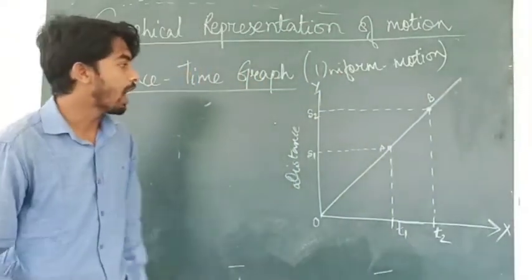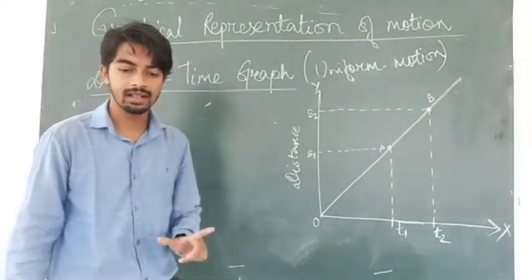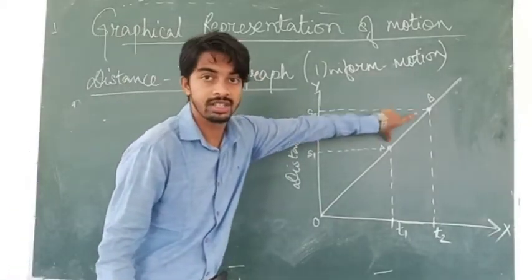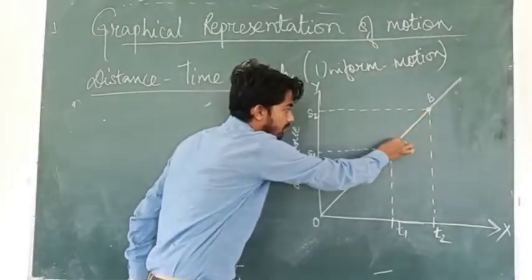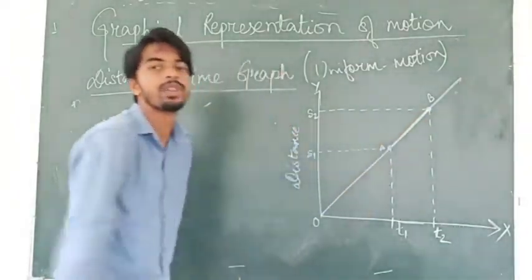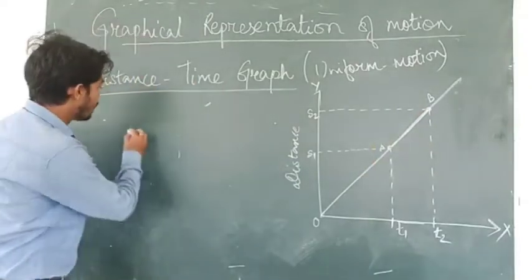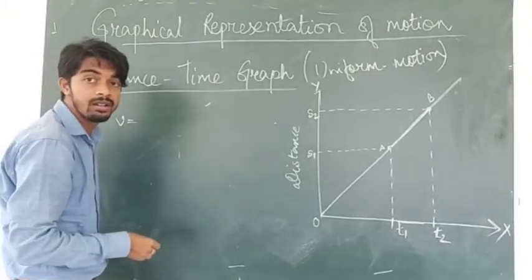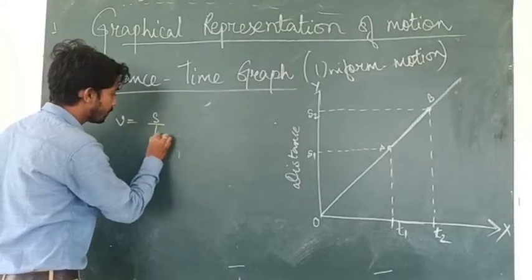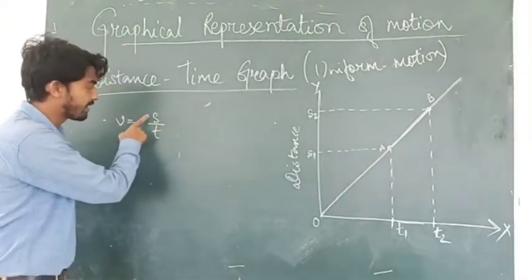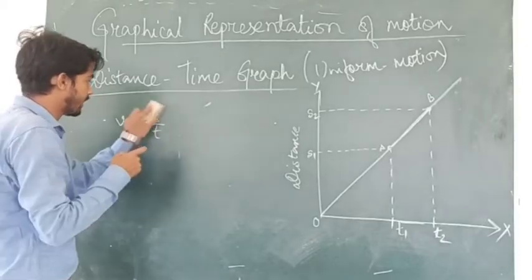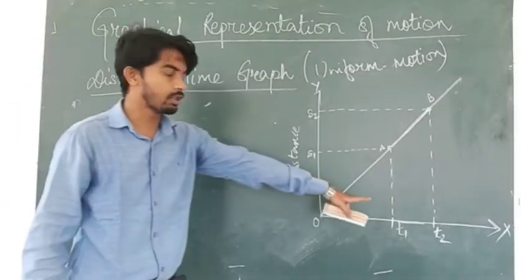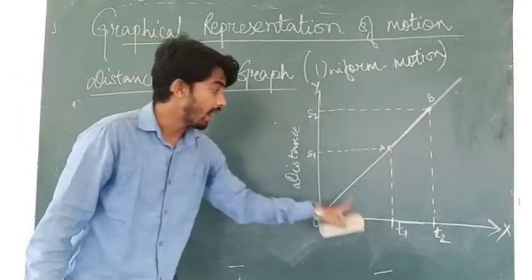Now, if I want to know the velocity or speed of the object between these 2 points, that means only the portion between A and B, then what will I do? We know the formula for speed equals distance by time. Here distance is represented by S, time is represented by T. Here we have 2 coordinate points for time and distance.